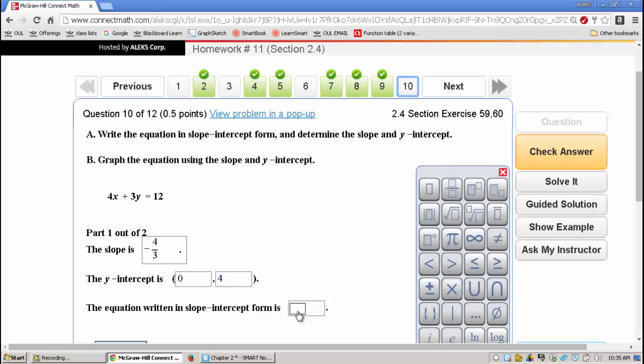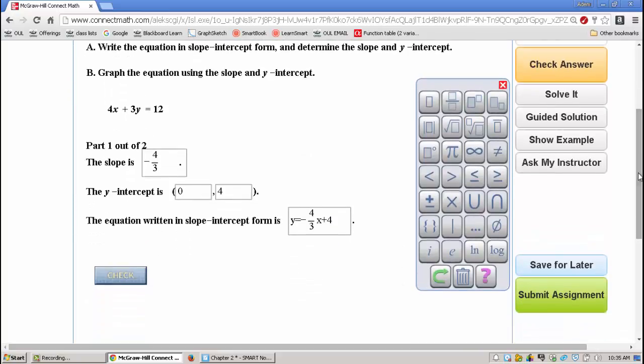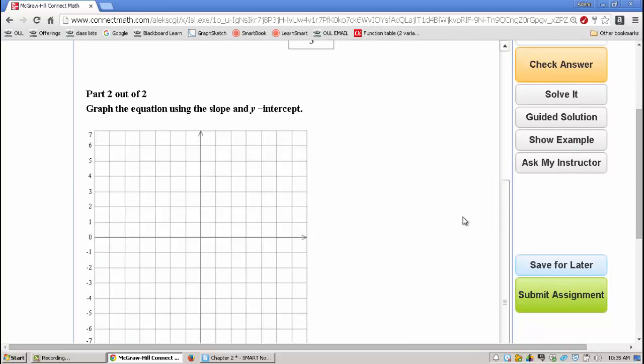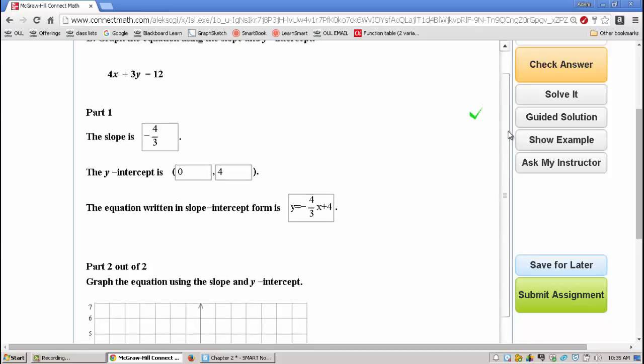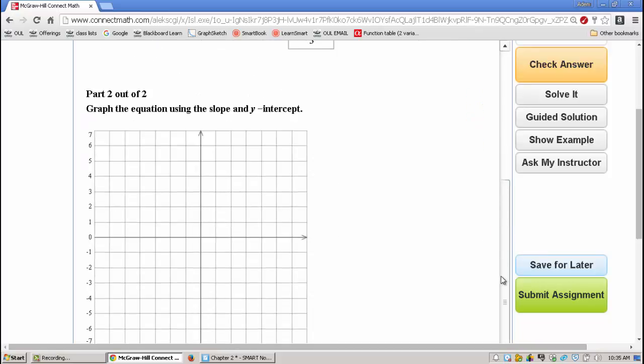And slope intercept form is y equals negative 4/3 x plus 4. Looks good? Check. We're good. In the next step, part 2, we are going to graph it.